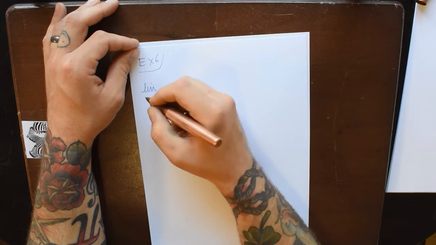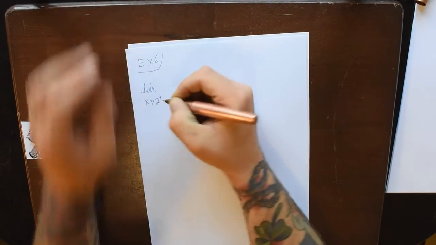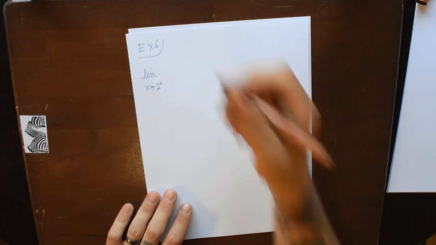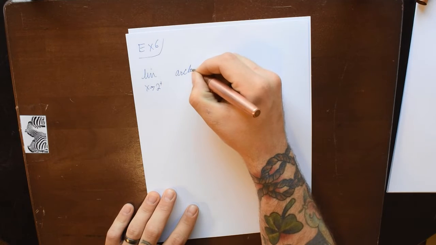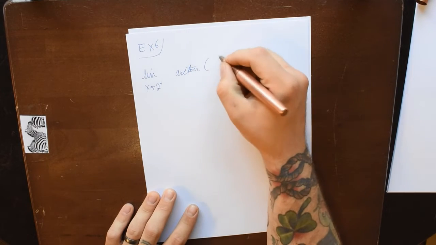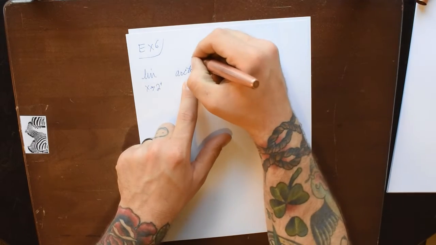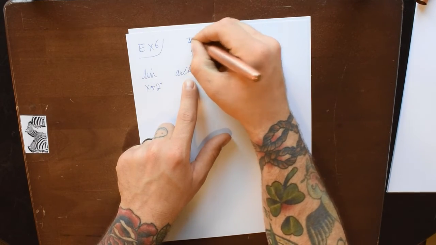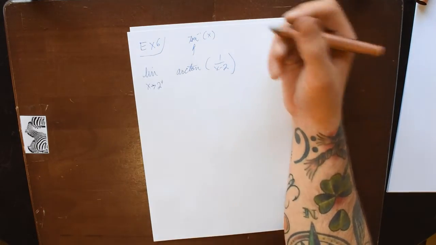Like if we took the limit as x approaches 2 from the right of the arctan of 1 over x minus 2. And arctan is just tan inverse of x. Potato, potato.